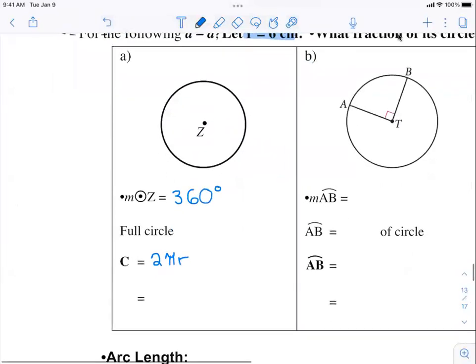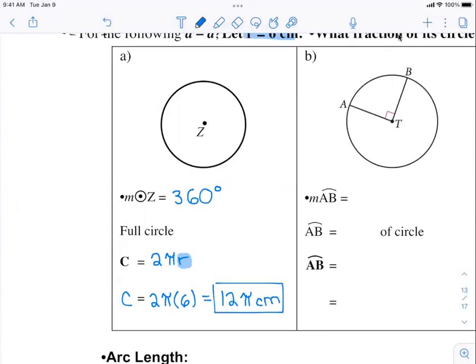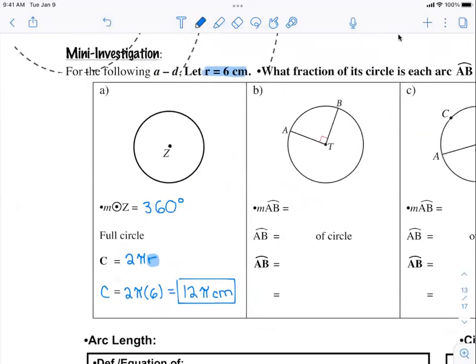And we know that the r is, as I highlighted above, 6. So we're going to say 2 pi times 6. And that means the circumference is going to equal 12 pi. And it's going to be in centimeters because that's what it said originally. So that is the circumference of the entire circle, right? We did 360 degrees.